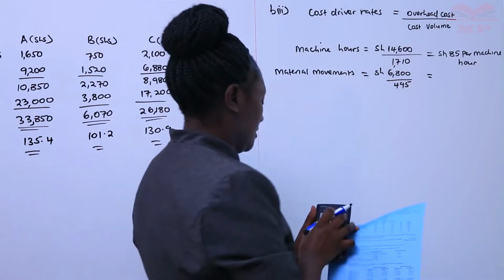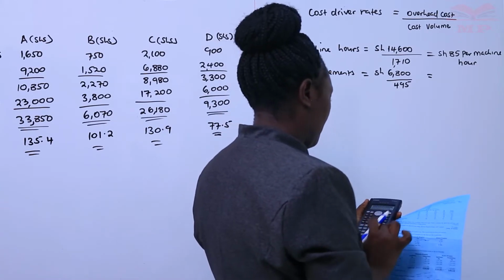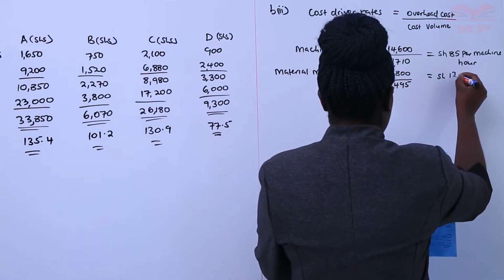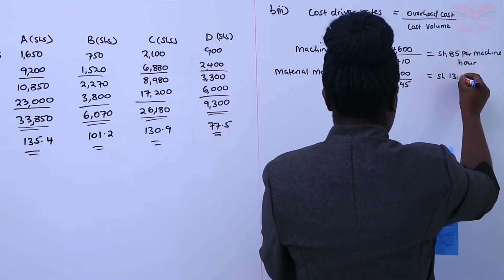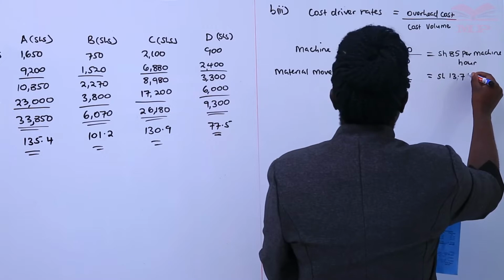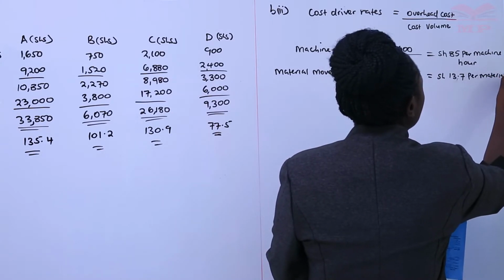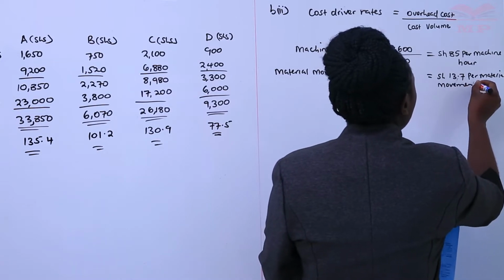This will give us 13.7 shillings per material movement.